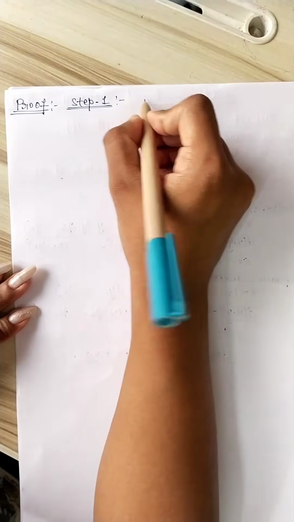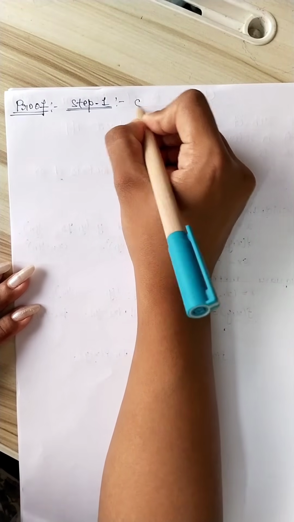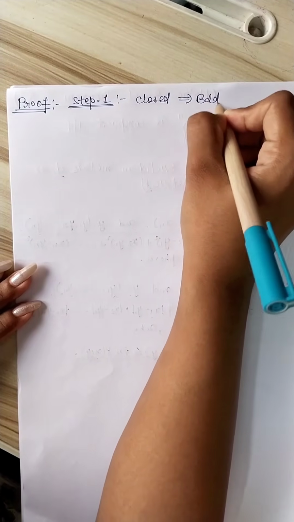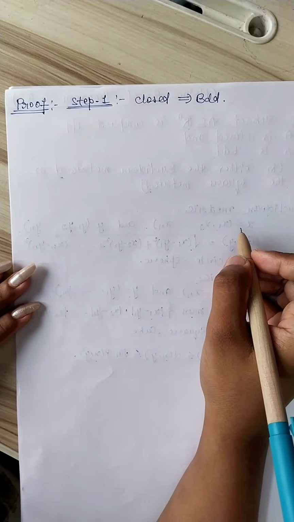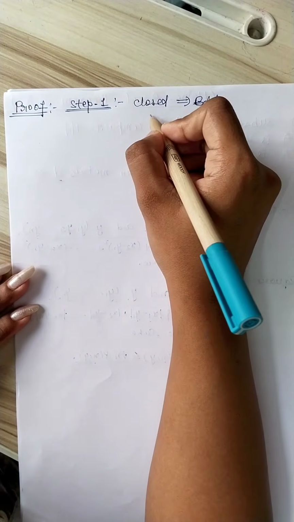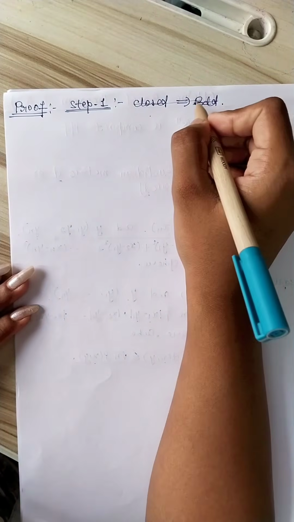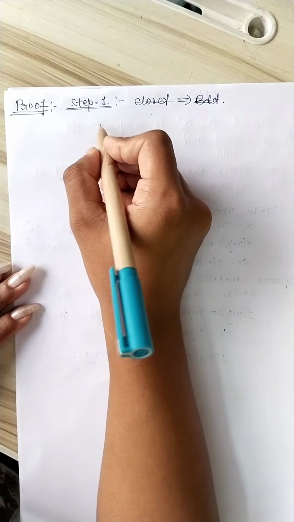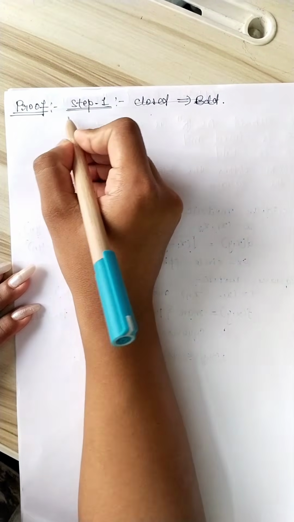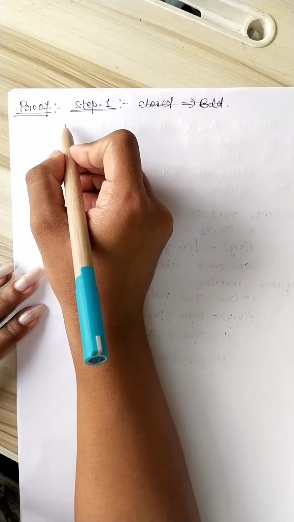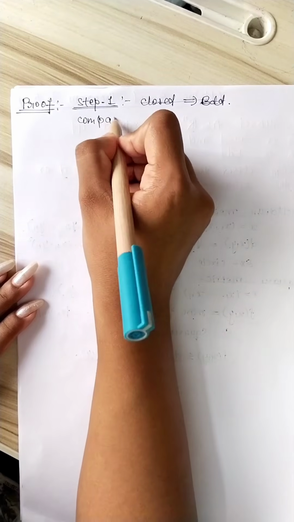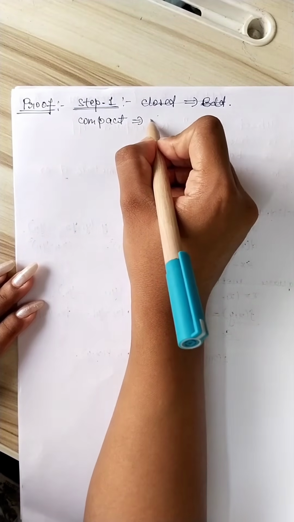In the forward part, firstly we will prove that if A is compact, then A is closed.